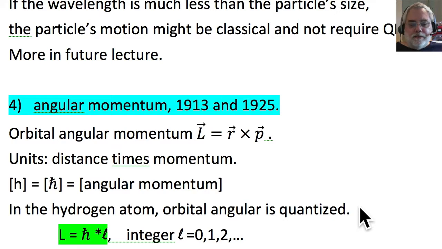We now know that's not true, but it was useful, and it predicted some otherwise impossible to predict correct results. In the Bohr model, you could only have certain orbits, certain distances between circular orbits, and you could only have certain distances between the electron and the proton.